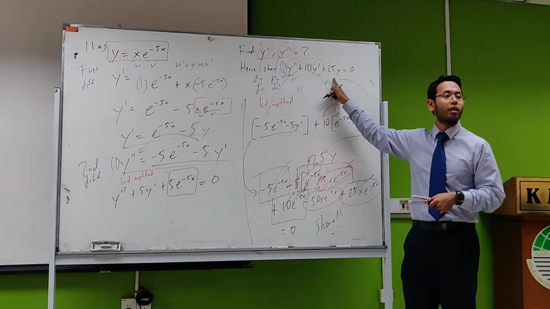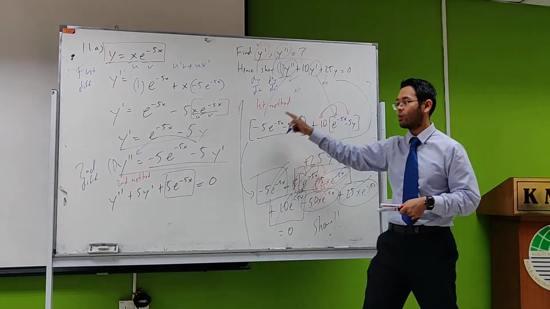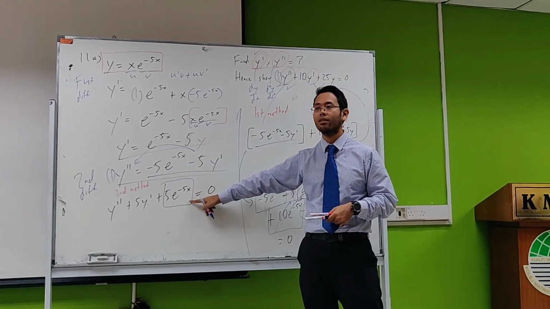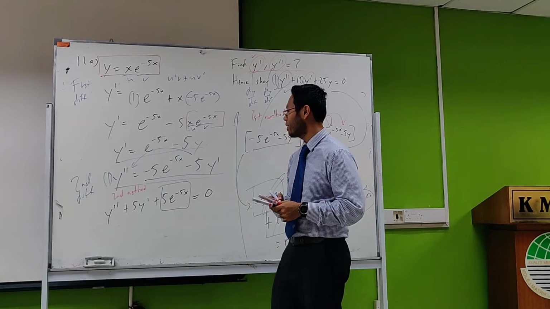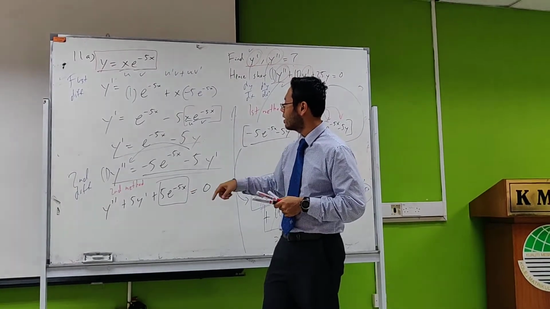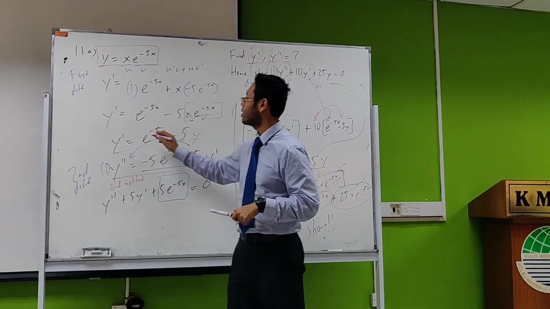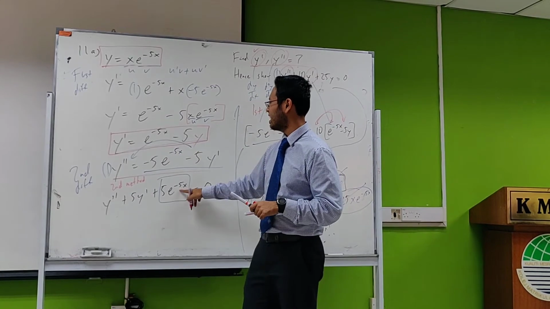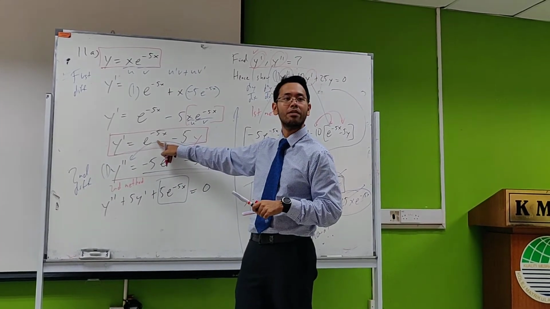Because I don't find it anywhere around here. You okay with it? I'm not using this. And this thing here, I can find it connected to here. E negative 5x, there's E negative 5x there.